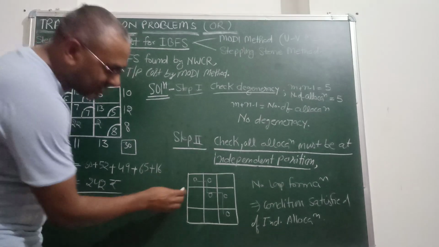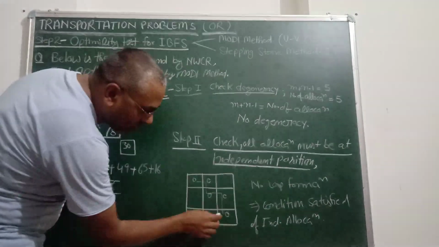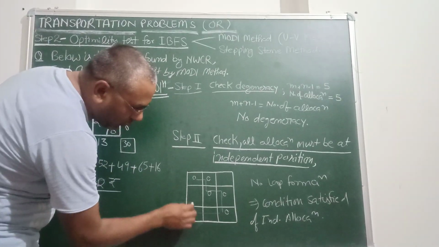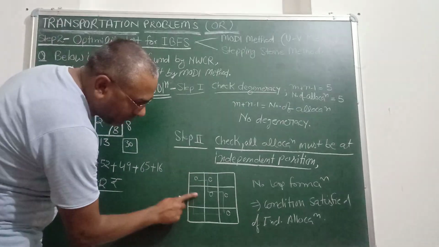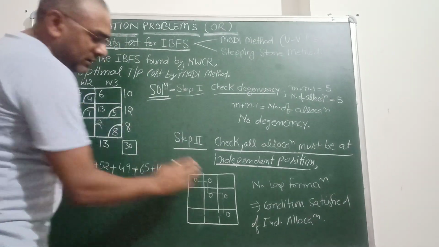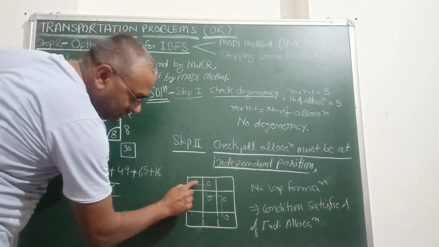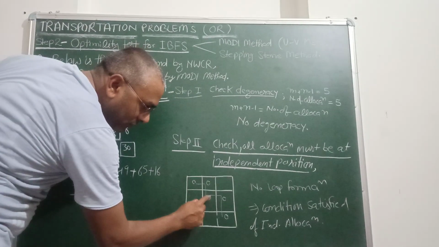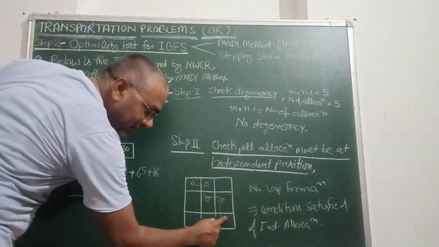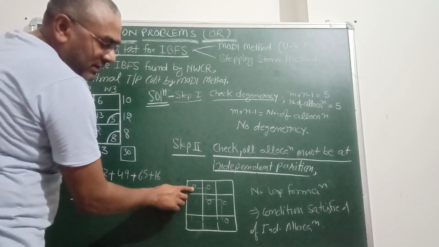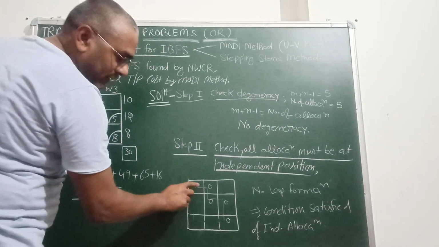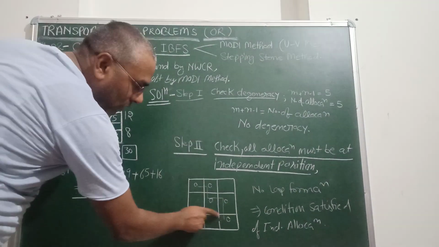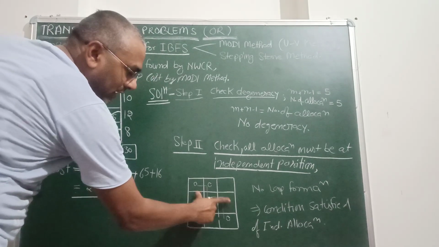But in this case there is no loop formation, meaning there is no cell to which we can form a loop. From here we can move here, from there we can move here, but we can't go back to the initial cell in any of the cases. So these are called independent positions of the allocation.